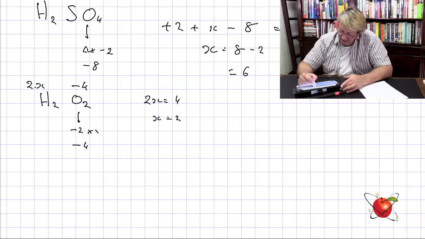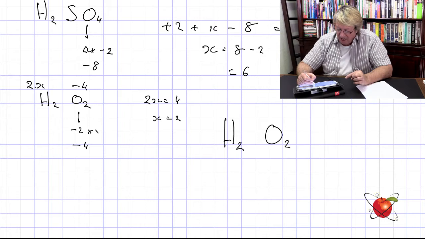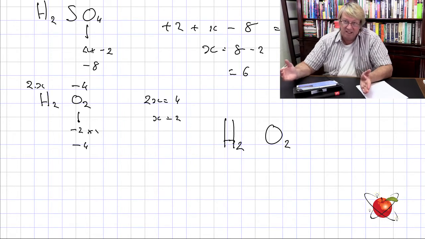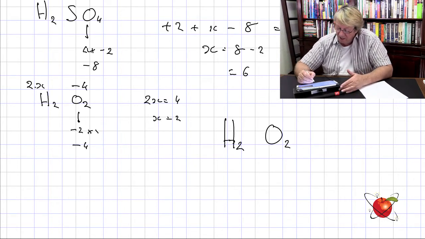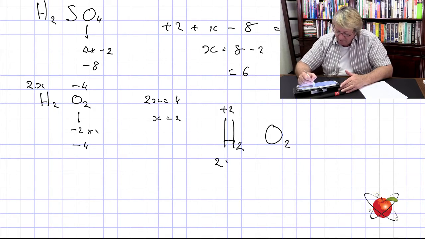So let's go back to the building blocks and start with hydrogen. H2O2. Hydrogen's the limit, if you like, it's like a limiting reactant, isn't it? So my oxidation number there is 2 times +1, which is +2.